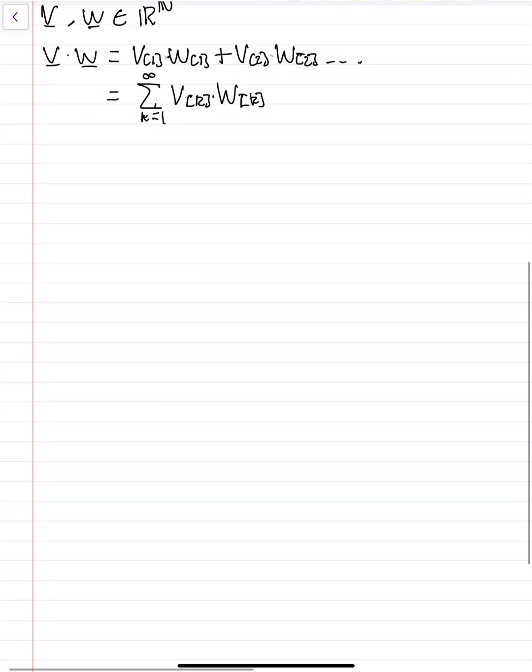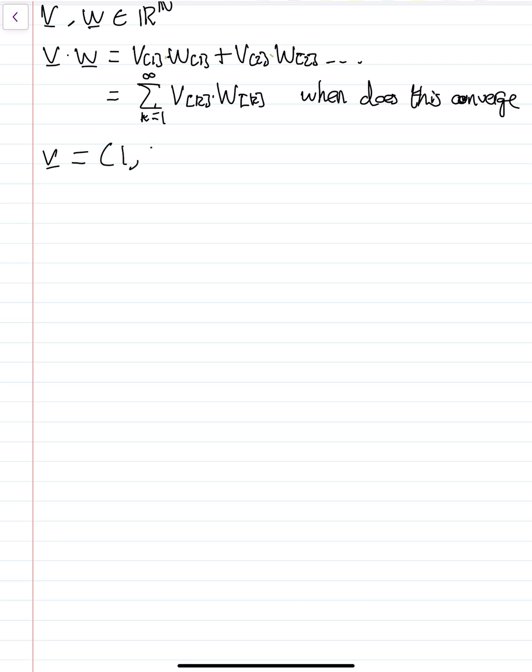And the first question you may ask is, when does this converge? Because this may not always converge. Of course, if each entry is bigger than 1, then it's not going to converge. So if I take v is equal to 1, 1, 1, etc., going on to infinity, it's just the constant vector.